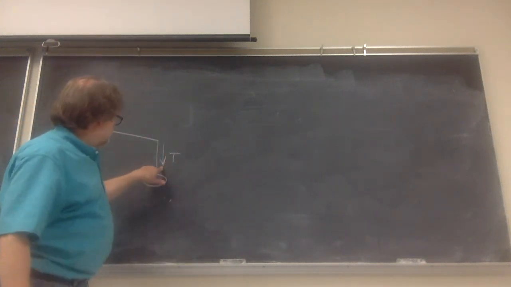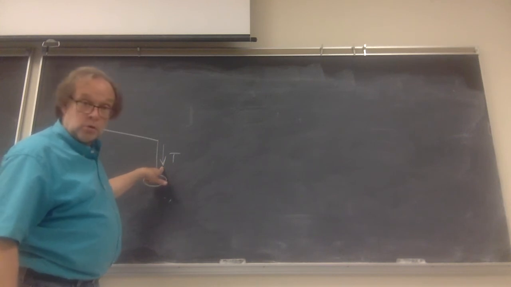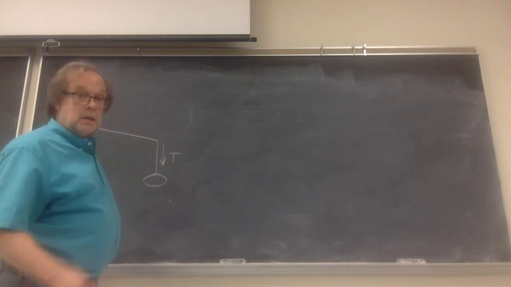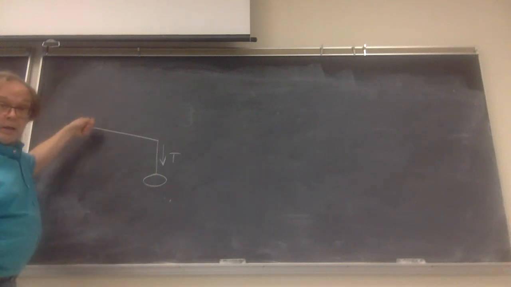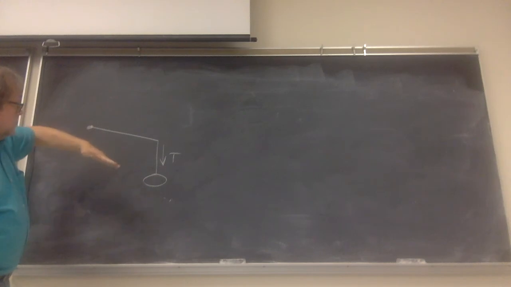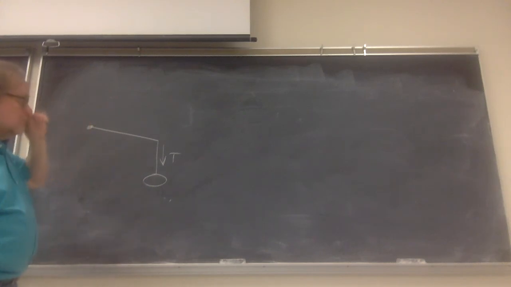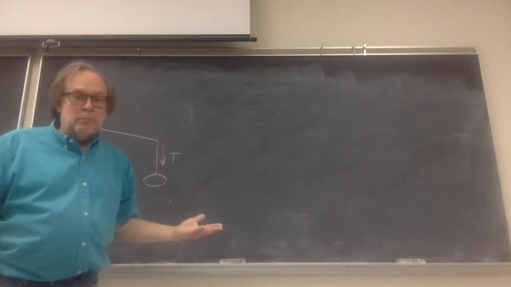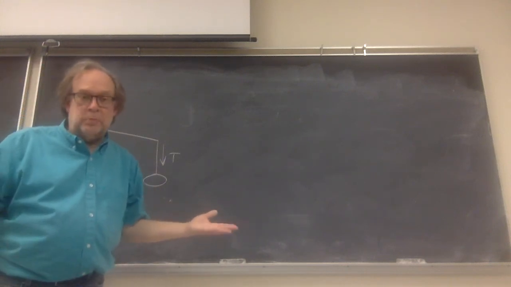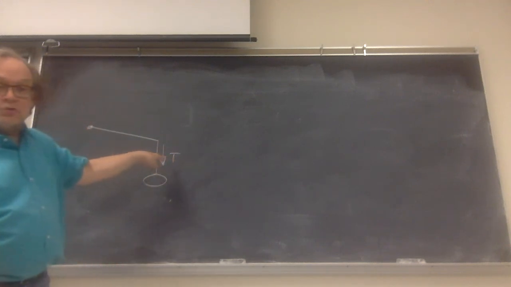So this force would cause a negative torque. Except I can apply a counteracting torque here at the other end to keep the stick stationary and not rotating. But how much torque do I have to apply? Well, I have to apply the opposite kind of torque, but just as strong. So how strong is this torque?